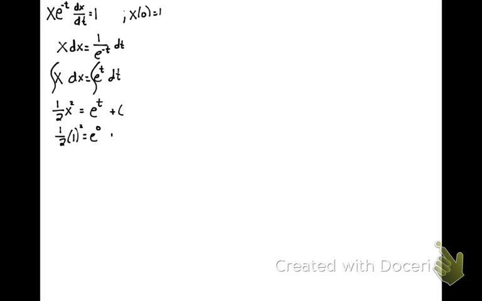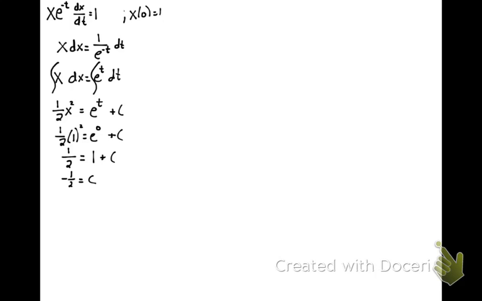So by substitution, we've got this. And now we're able to solve this for c. E to the 0 power is 1. Subtracting 1 from both sides, we would find that c equals negative 1/2.